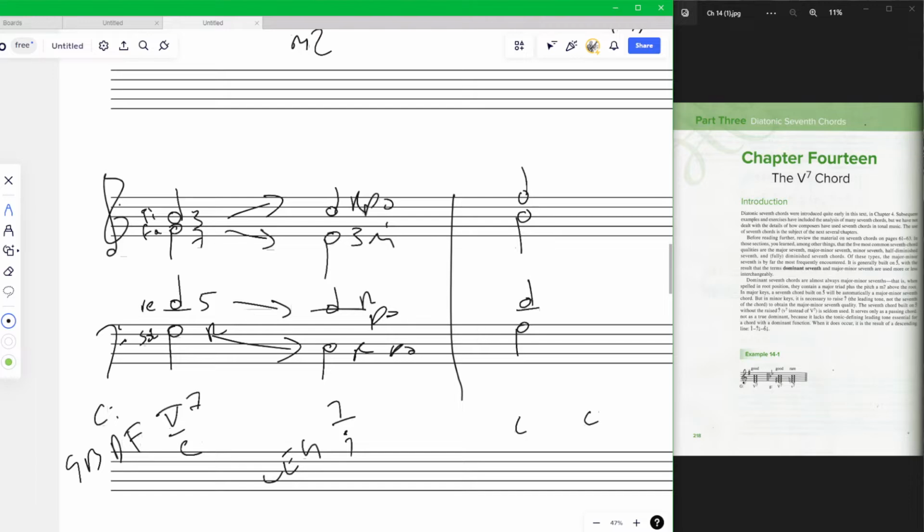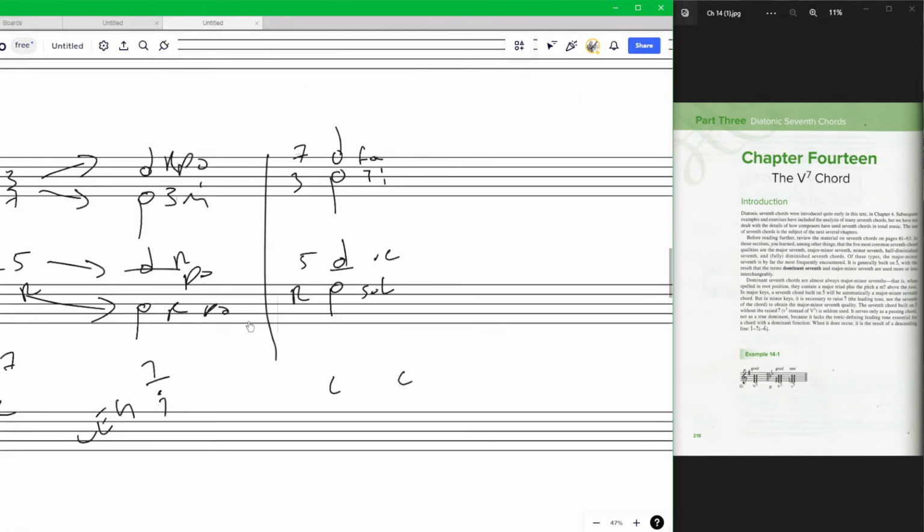Okay, so here's the root, G, which is Sol, D, this is the 5th of the chord, which is Re. We have B, the leading tone, which is the 3rd of the chord, and we have the 7th of the chord, which is Fa. Okay, we have a complete 5/7 chord again in root position. We're going to go to a complete 1 chord in root position.